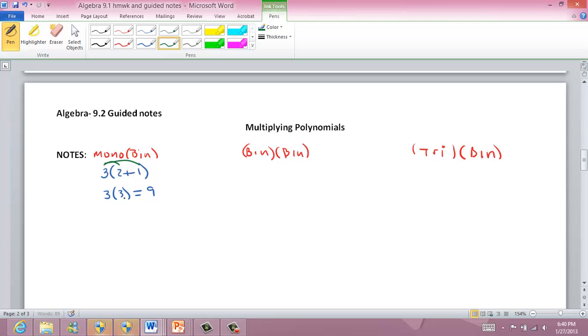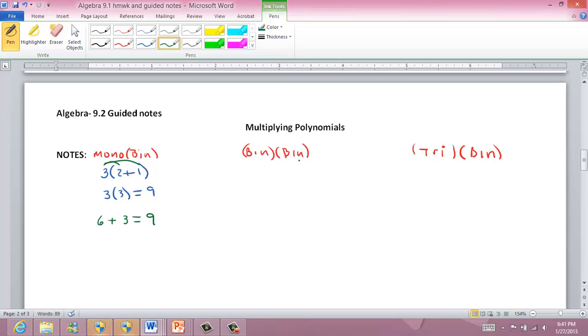If I distribute, 3 times 2 would be 6, plus 3 times 1 would be 3, and if I add these together, that gives me 9. Basically, a monomial times a binomial, or a monomial times a trinomial, or any monomial times a polynomial will always just be using the distributive property.